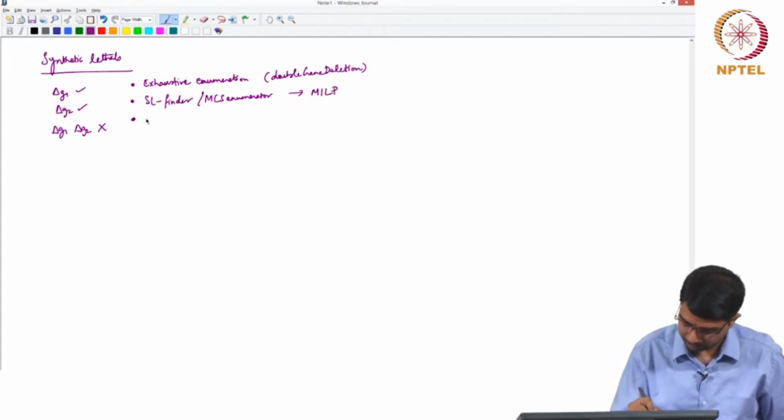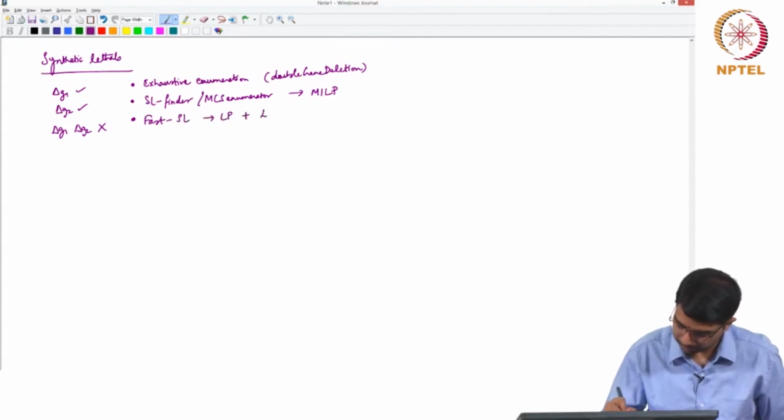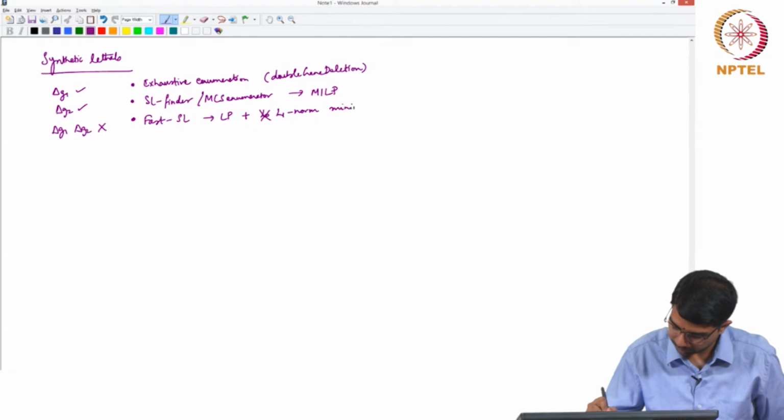The last thing we saw was FastSL, which is basically LP plus L0 or actually L1 norm minimization. You can use L0, but it is slower.